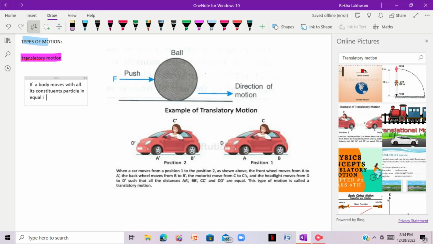What happens if a body moves with all its constituent particles in equal interval, that motion refers to translatory motion. Okay, I know that you only understand by this.